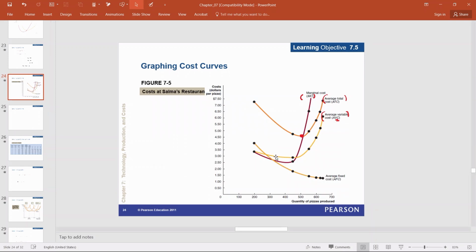So this is what it says here. When marginal cost is below the average variable cost and average total cost, it makes them all decrease.